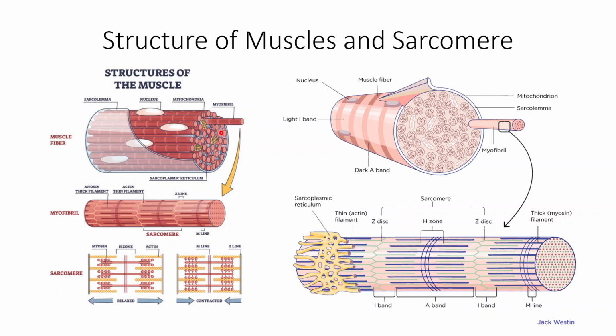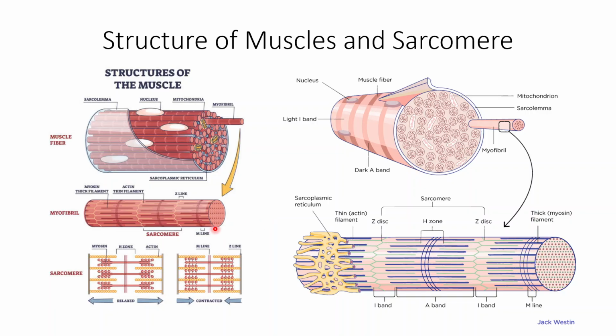And then you break down the myofibrils further. And if you look at one long myofibril, what do you see, right? You have these repeating units called sarcomeres. And that's why these skeletal muscles are called striated muscles, because they have this stripy appearance, right?